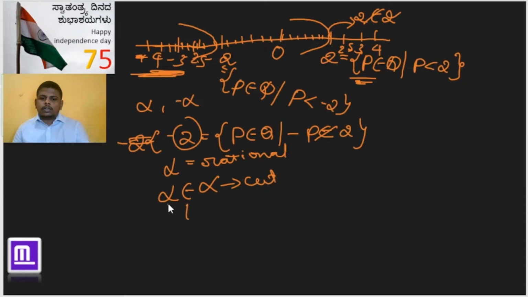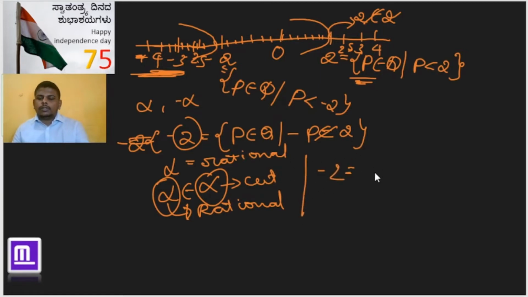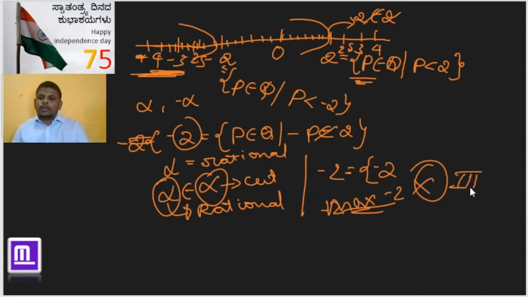Here, for example, -2 contains -2 because 2 does not belong to alpha, so -2 should be here. This says that the maximum element of the -2 cut is present. This is a violation of the third property of a cut.